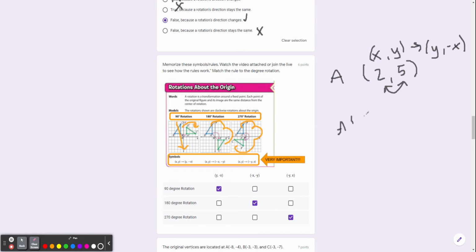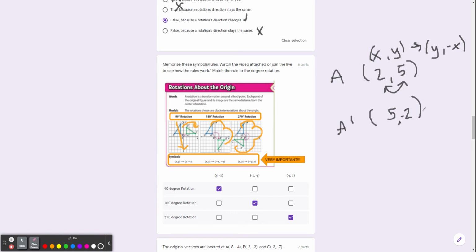So my new A prime, my y comes to the front. That's going to be a -5. Oops, sorry, not a negative. That's a +5. I'm just flipping them around. Let me fix that. So my 5 comes to the front, my 2 goes to the back, and that's because this is saying the y needs to be in the front, the x is in the back, but it's saying the x needs to be opposite. So because the x was originally a positive 2, now it's going to become a negative 2.